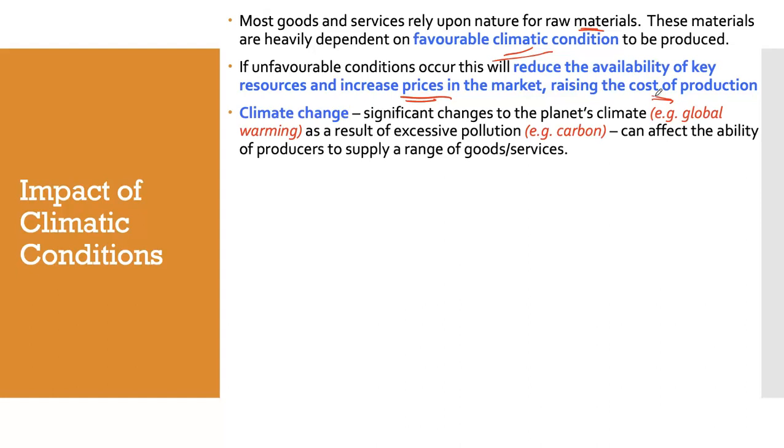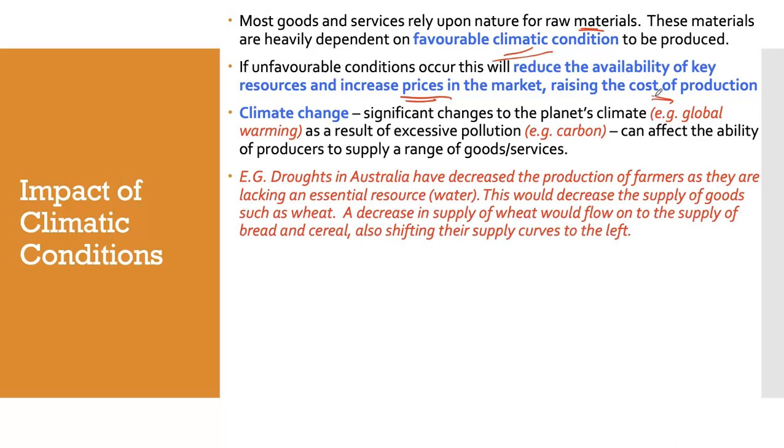So for example, climate change has resulted in significant changes in the planet's climate and excessive pollution. This has affected many producers' ability to consistently produce goods and services. For example, droughts in Australia have decreased the production of farmers as they have less water. That makes sense.